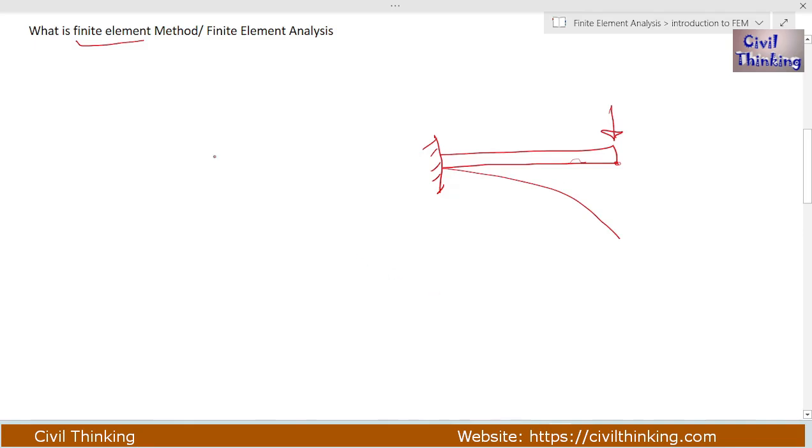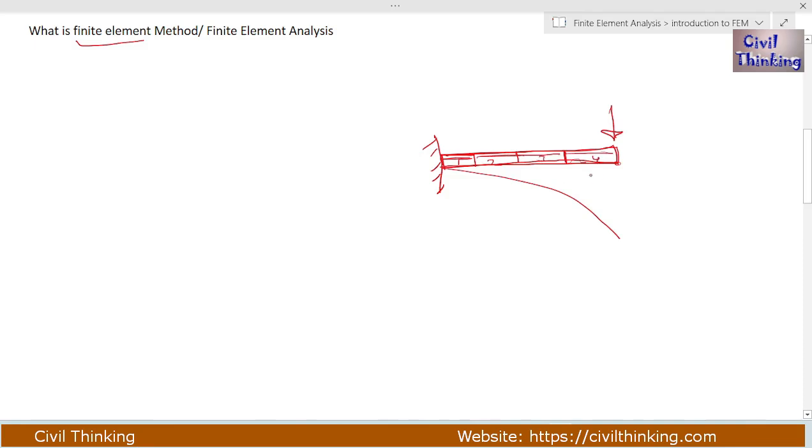But what is the concept of finite element here? Basically, whenever we analyze an engineering problem, we divide the domain or the body into a finite number of elements. For example, like this. We divided this beam into 1, all of this is 2, all of this is 3, and this is 4.